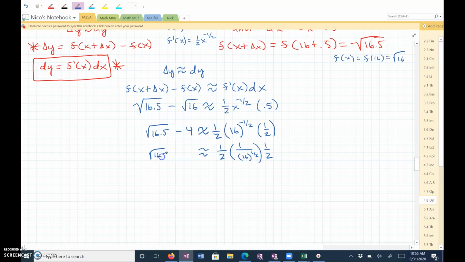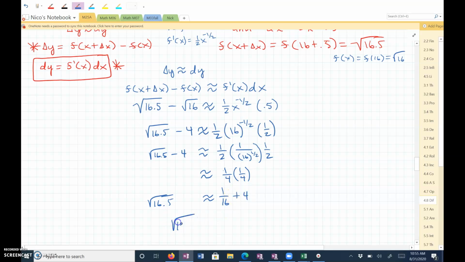Then 1/2 times 1/2 would be 1/4. The square root of 16 is 4. So this is going to be 1/16. And then I'm going to move 4 to the other side by adding that to both sides.